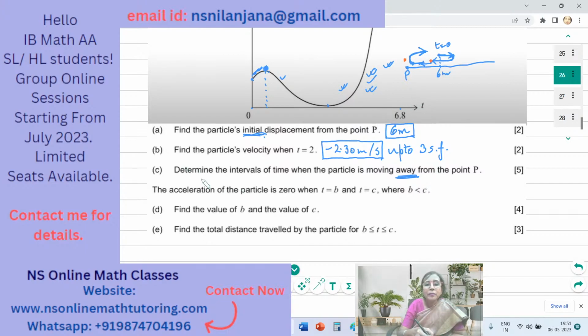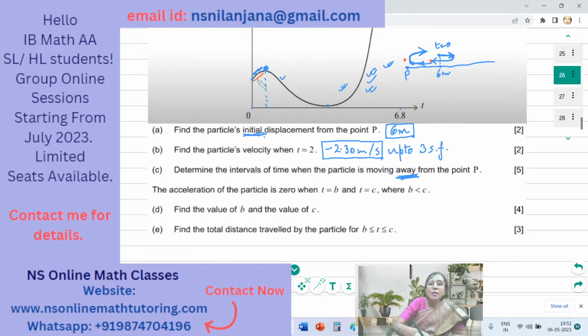Here, we have to determine the intervals of time when the particle is moving away from the point P. That means the intervals of time when the displacement is increasing. Where is the displacement increasing?